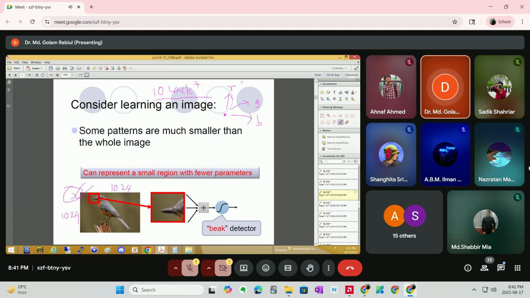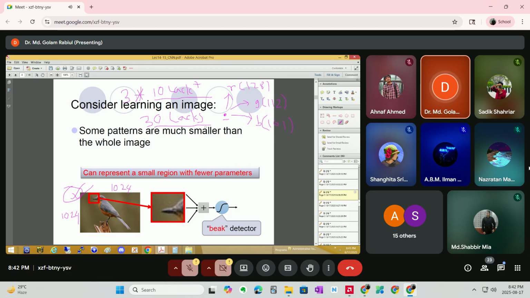Maybe the value of red will be 128, green 112, and blue 101. So for each pixel we have 3 components, and 3 times 10 lakh plus means 30 lakhs.